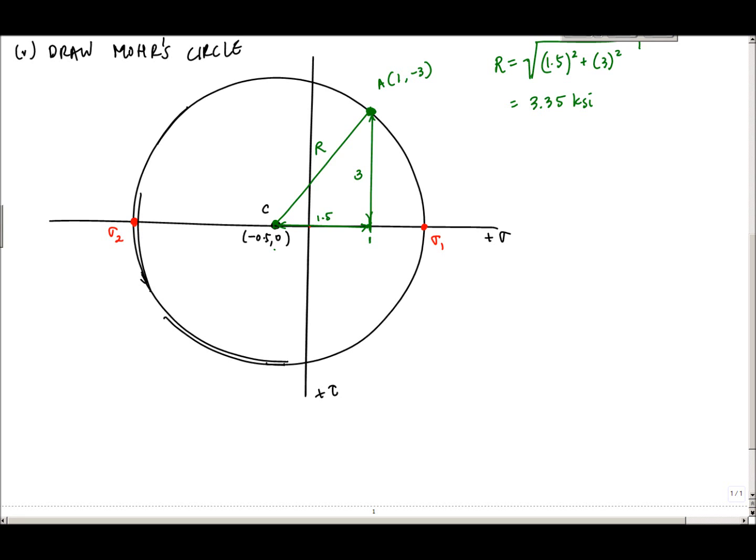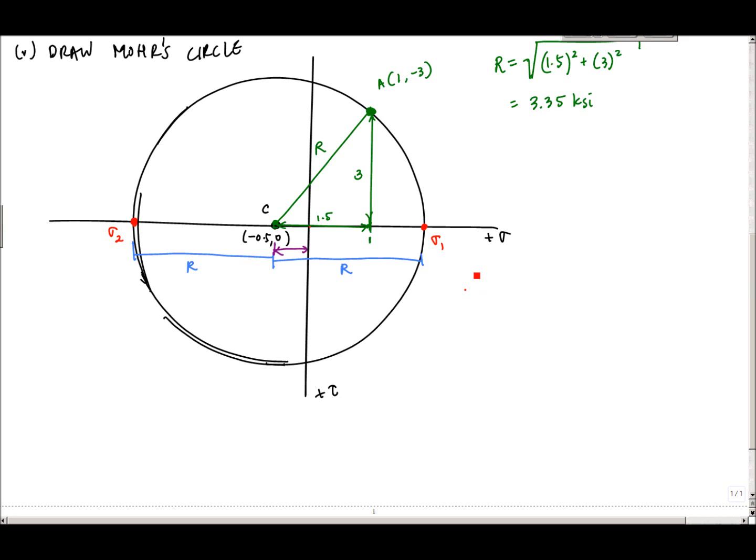So if I look at this, I know that this distance right here is R, and I know that this distance is also R. So the coordinate of sigma 1 is R minus the distance to the center of the circle. R minus, let's use purple, R minus this distance right here. So sigma 1, just based on geometry, my principal stresses.